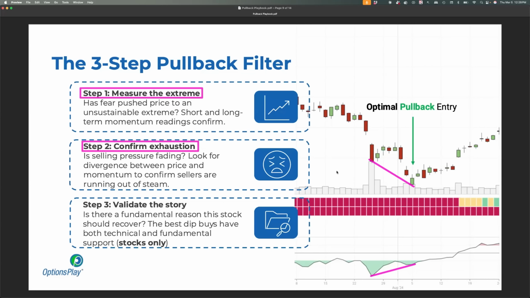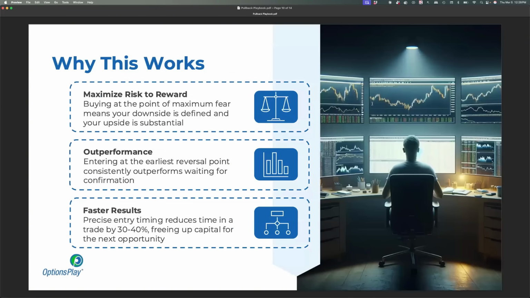The third part, in terms of validating the story, is a little more subjective, but this is really where I'd say use common sense. Common sense will help you avoid some stupid trades if you are familiar with what the company does, what industry it operates in, and whether you are in a market environment that generally makes sense for it, right? Or are you trading against the tide from a bigger macro perspective?